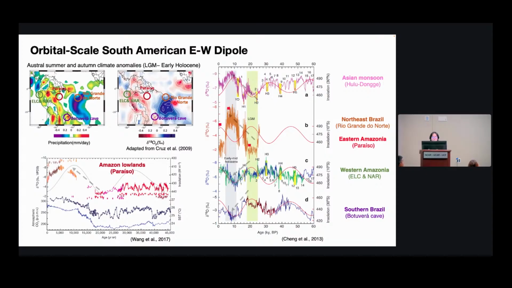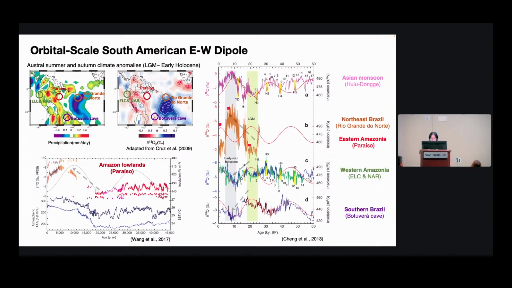Over northeast Brazil, there is more enriched delta 18O in precipitation during the LGM relative to the early Holocene, but in southern Brazil and the western Amazon, we see the opposite trend. This has been attributed to the strength of the South American summer monsoon related to changes in local summer insolation. But with more available proxy records and longer records, the structure of this dipole pattern, as well as the underlying dynamic mechanism and the primary forcing, has been under debate.